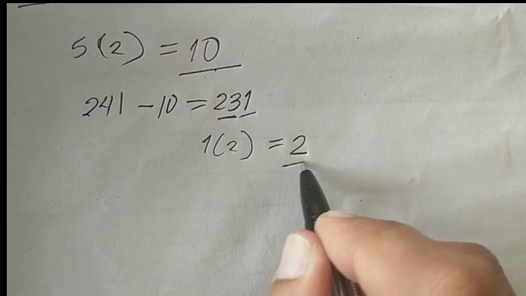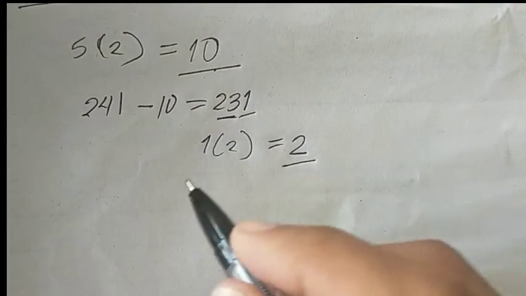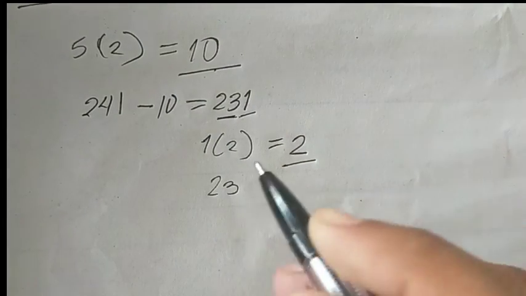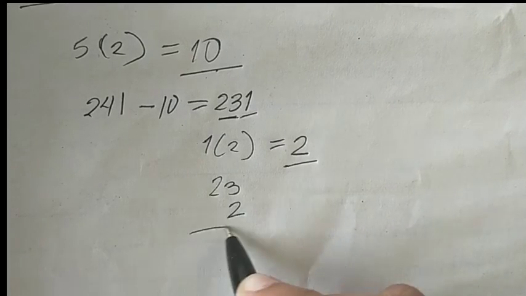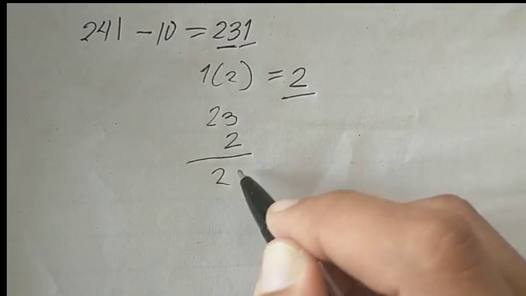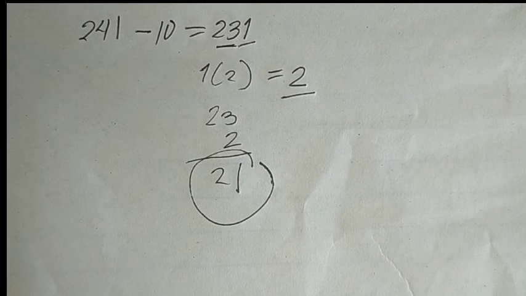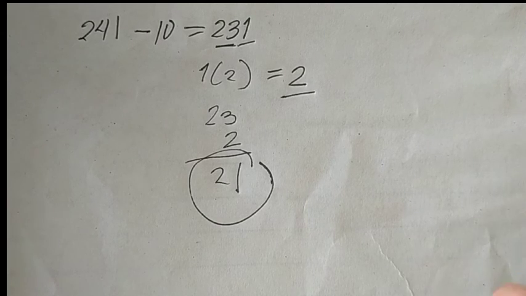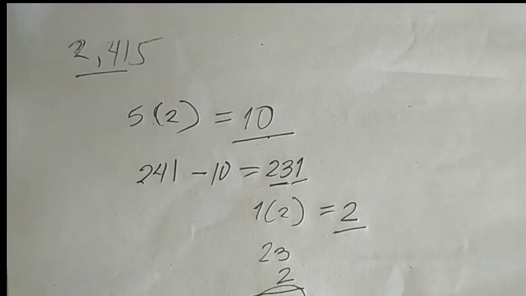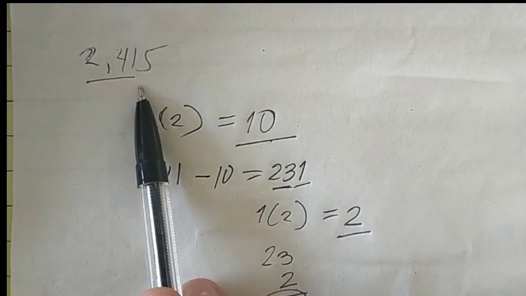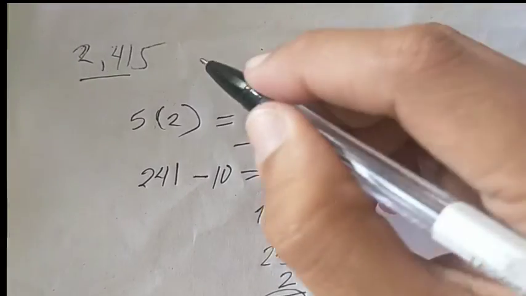Subtract 2 from the rest of the number, which is 23. 23 minus 2 is equal to 21. So 21 is divisible by 7. So we can conclude that the original number n, which is 2,415, is divisible by 7.